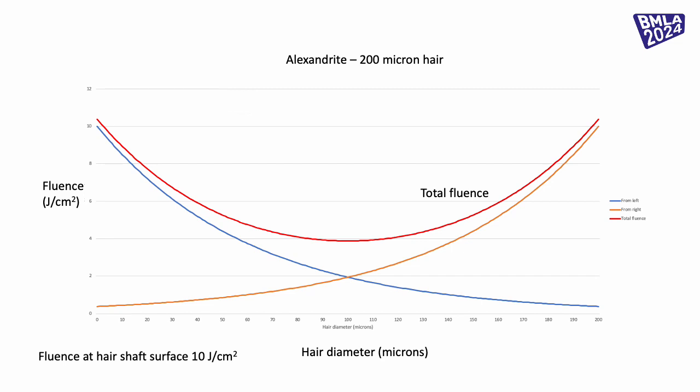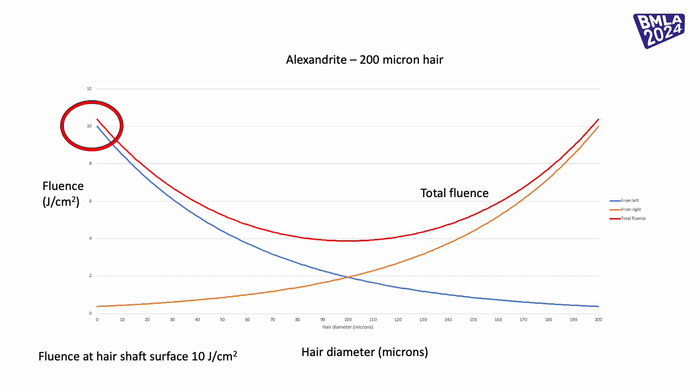In a 200 micron hair, which is a very thick hair, the fluence distribution looks more like this. Because more of the light energy is absorbed within the hair, less reaches the other wall, so the accumulation at the walls is lower than with a 60 micron hair.